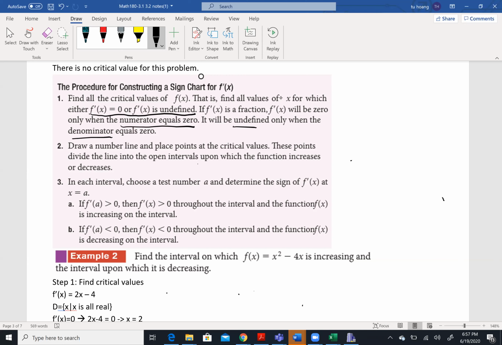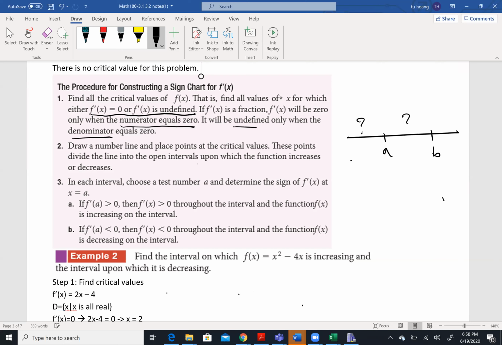Okay, so draw a number line and place points at the critical values. Say here is A, B, our critical values, and the points divide the line into open intervals upon which the function increases or decreases. So this will determine which part will be increasing or decreasing, right?